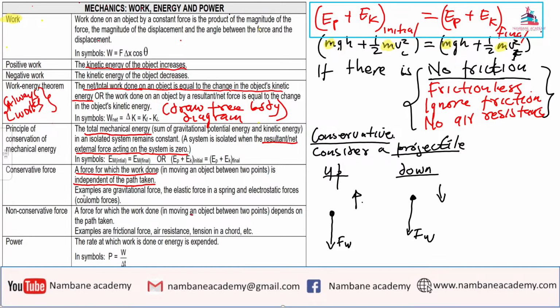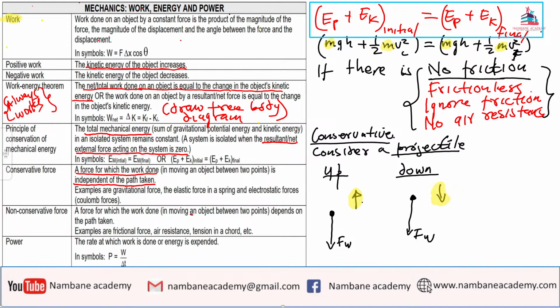So this basically says it is independent of the path being taken. So Fw, we consider it now as a conservative force. Because why? It is a force for which the work done in moving an object between 2 points is independent of the path taken. It does not rely on the path.